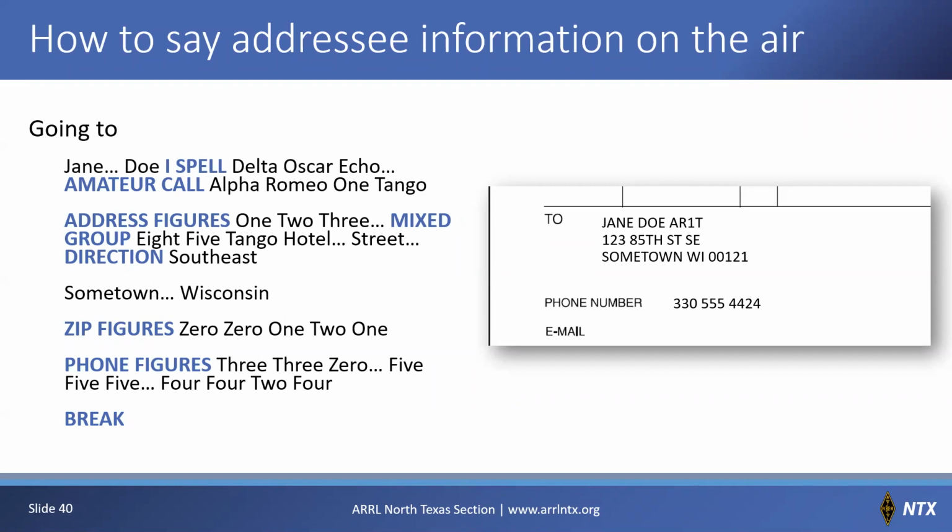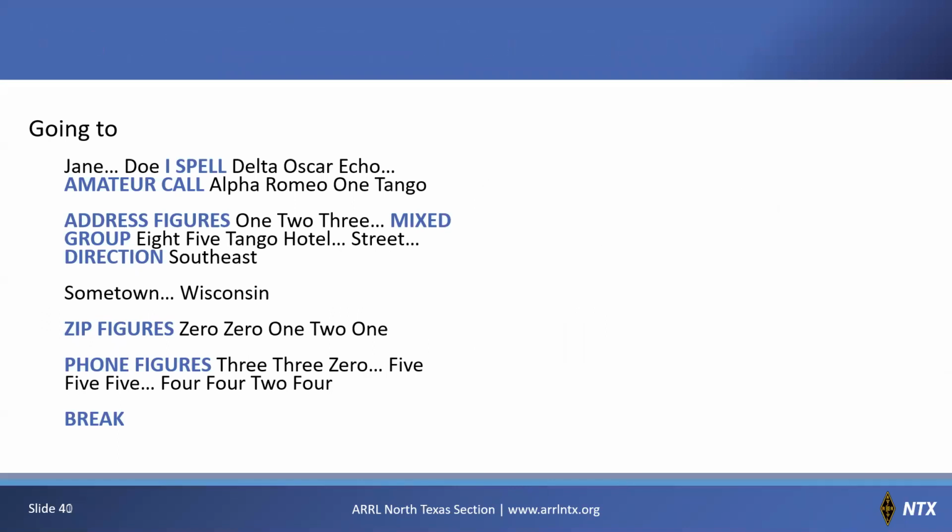Sumtown, Wisconsin, zip figures 00121, phone figures 330-555-4424. Break.